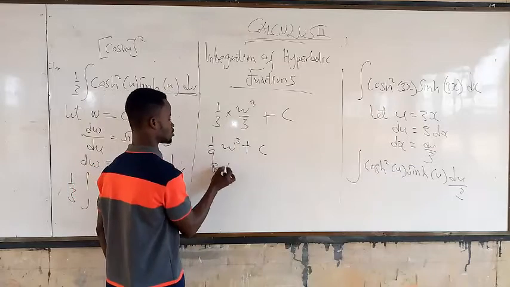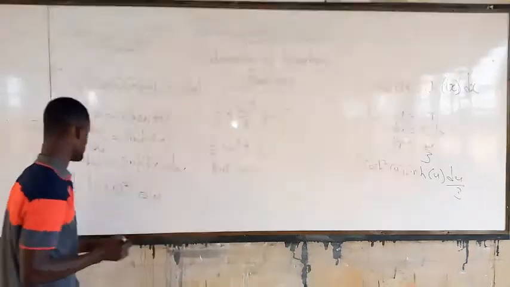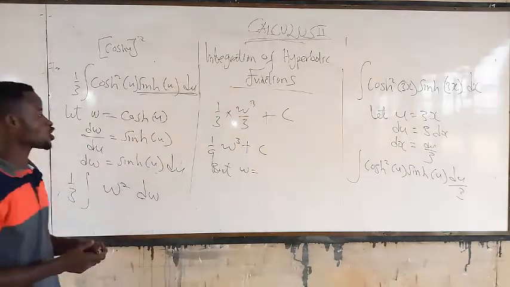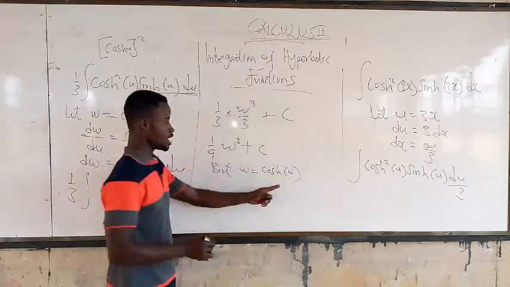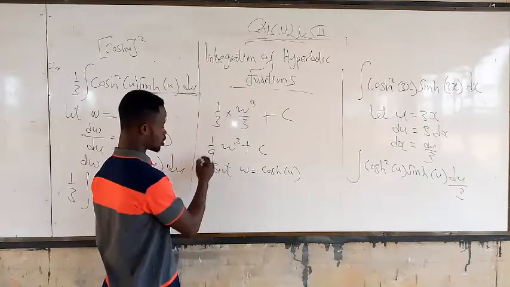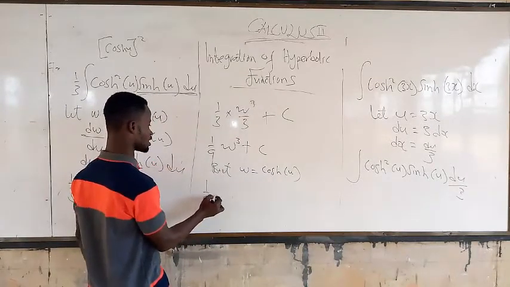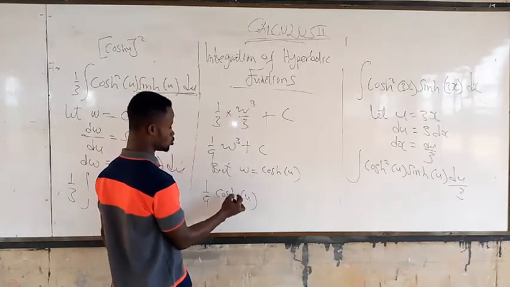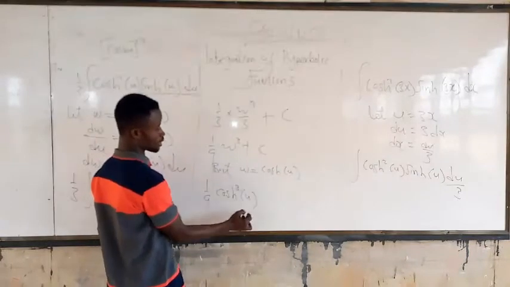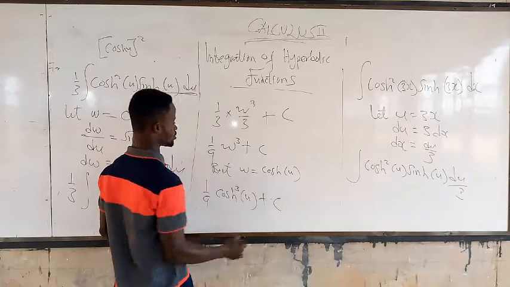But w is cos u. Let's do the substitution: 1 over 9 cos u to the power 3 plus c.